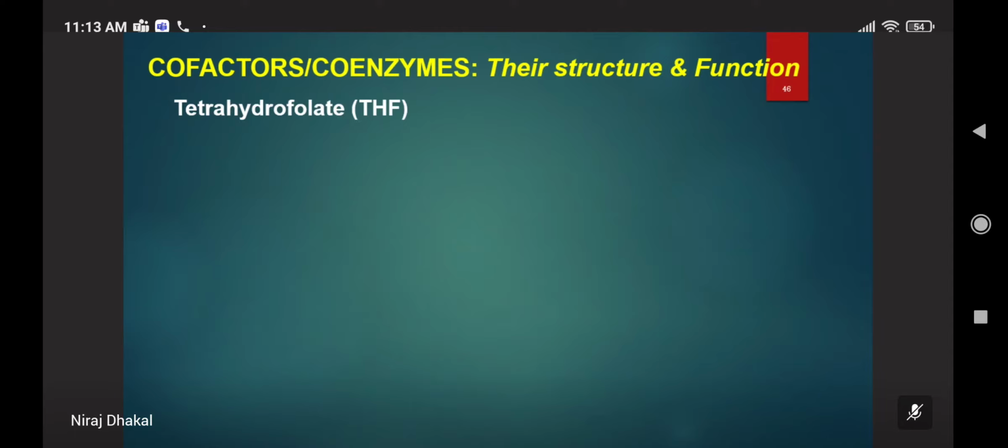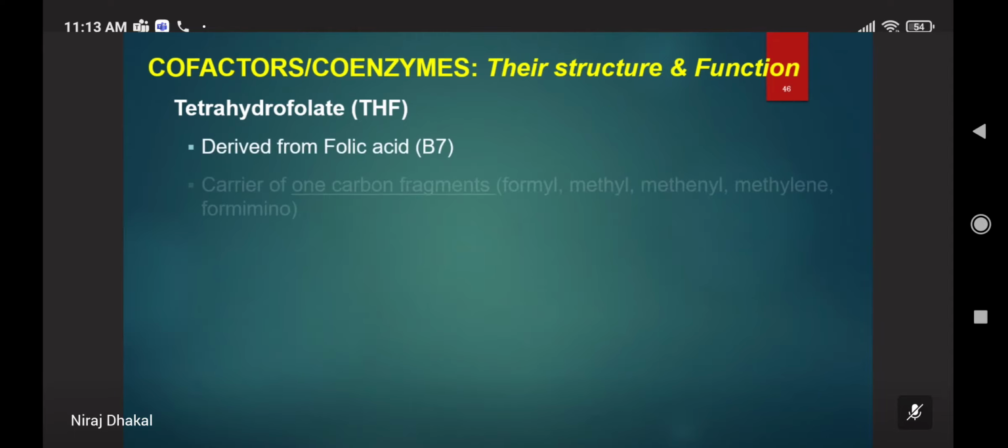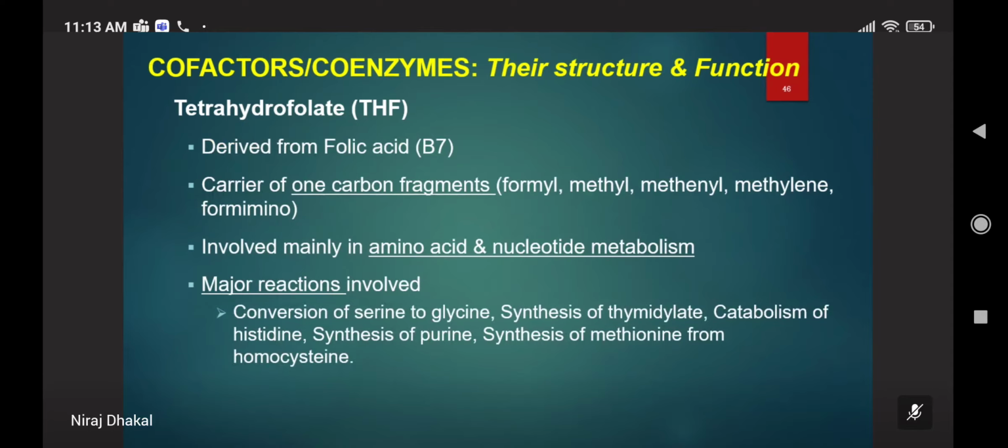Another is tetrahydrofolate. It is derived from folic acid, also called vitamin B9, and it is a carrier of 1 carbon fragment. So whenever there is need of transfer of 1 carbon, it may be in the form of formyl, methyl, methenyl, methylene, or formimino. These are the different 1 carbon units.